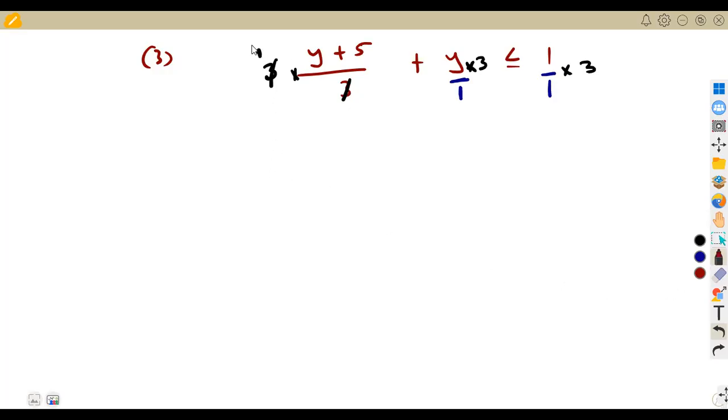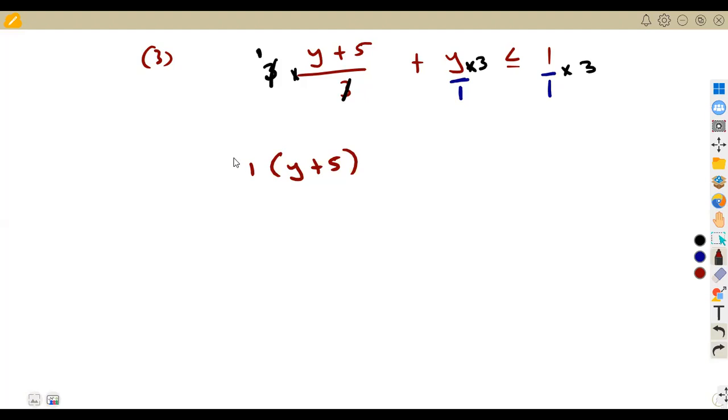So in actual sense, if there is a number here, maybe it's a 2, a 3, a 4, or whatever you get, you're supposed to write it like this: 1 into the bracket, because this is an expression. There are 2 terms, y and 5. So you're going to open a bracket to show that this number is going to multiply everything. Because it's a 1 it does not affect, but in a case that there's a number there which is different, a 2 or a 3, there is no way around it.